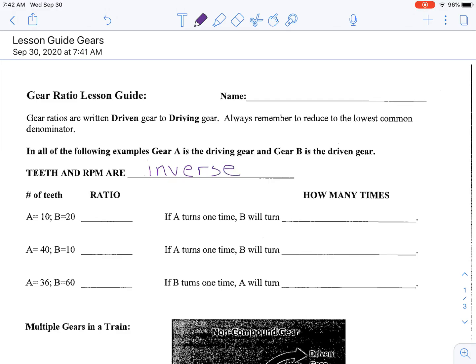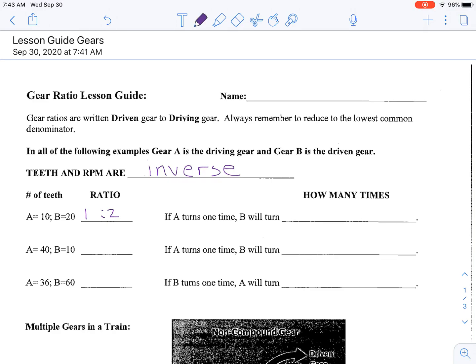All right. So if we look at the ratio of teeth, our ratio of teeth for this first one is 10 to 20, but we reduce it kind of like you reduce a fraction. 10 would go into both of them, so it would reduce to 1 to 2.